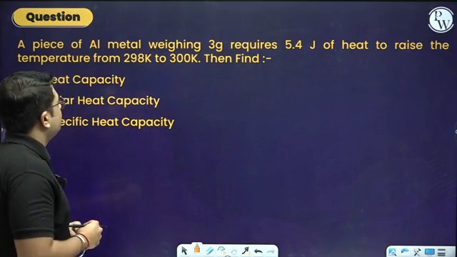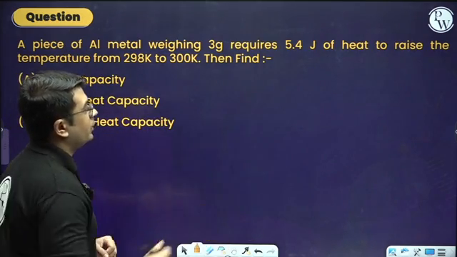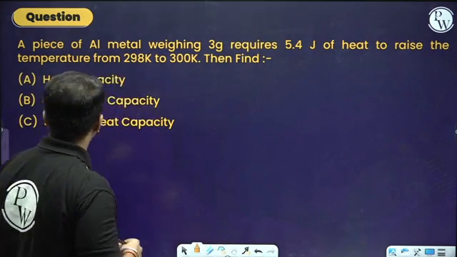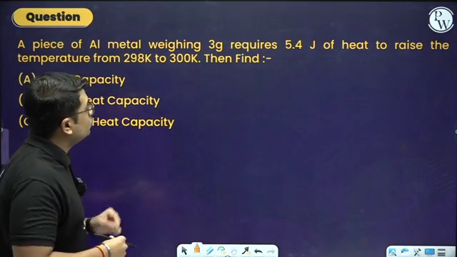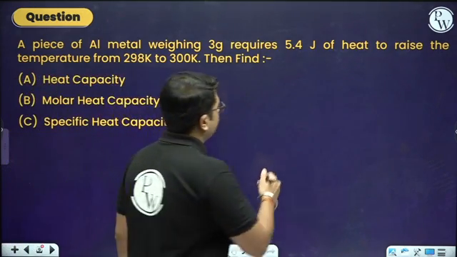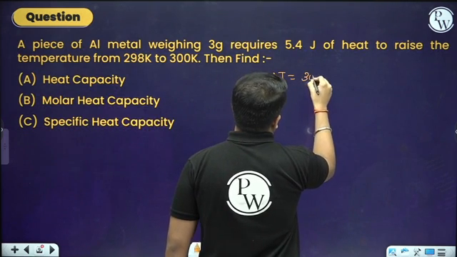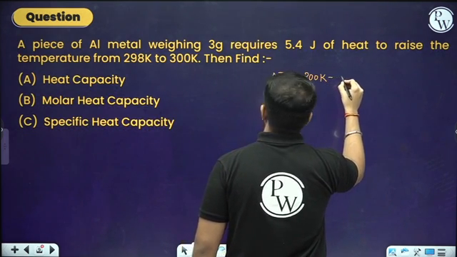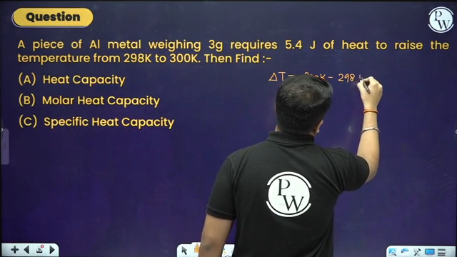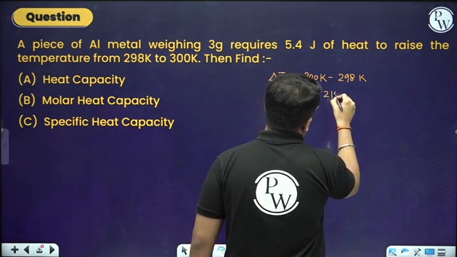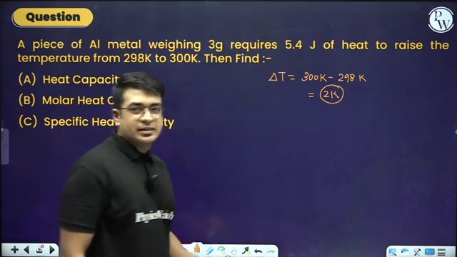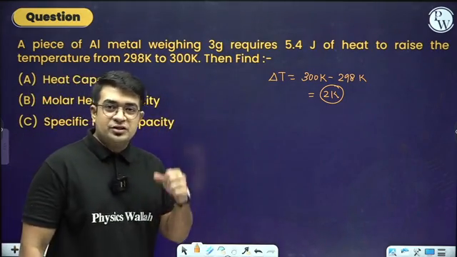A piece of aluminum metal weighing 3 gram requires 5.4 joule of heat to raise the temperature from 298 to 300 Kelvin. So first of all, we can calculate delta T. Delta T will be 300 Kelvin minus 298, that will be 2 Kelvin only. So we have increased the temperature by 2 Kelvin.